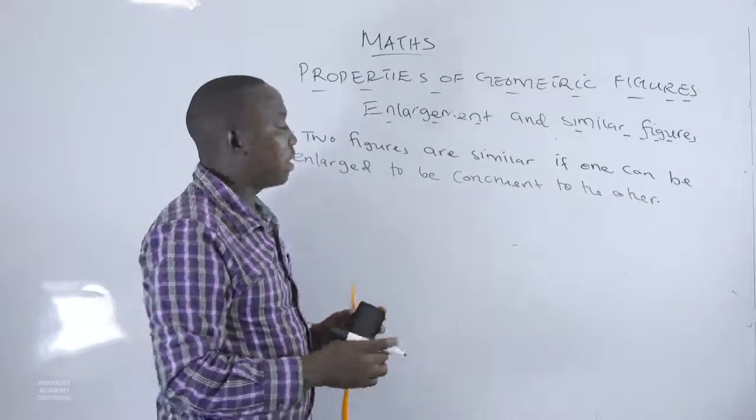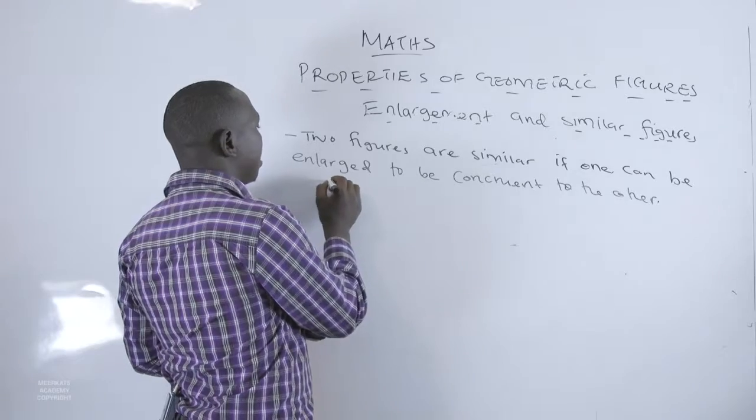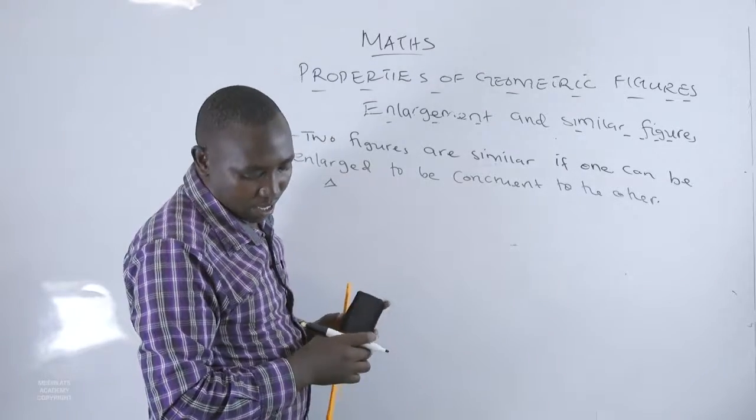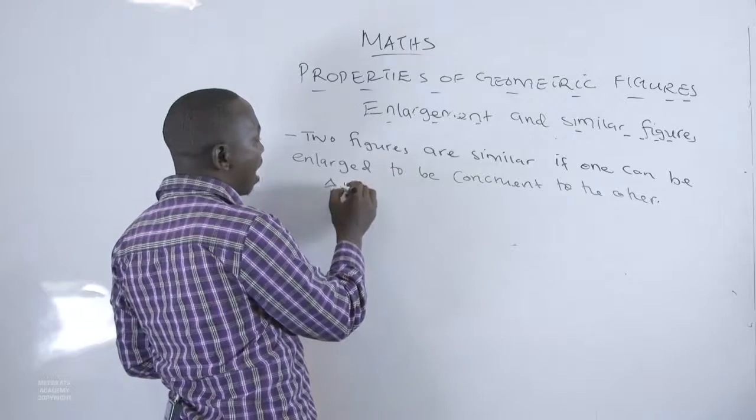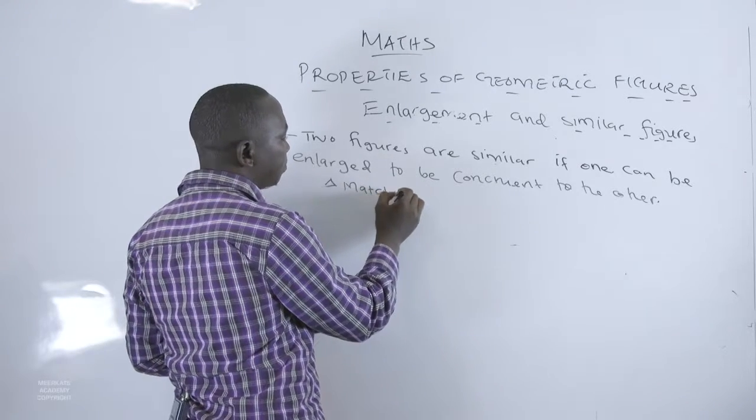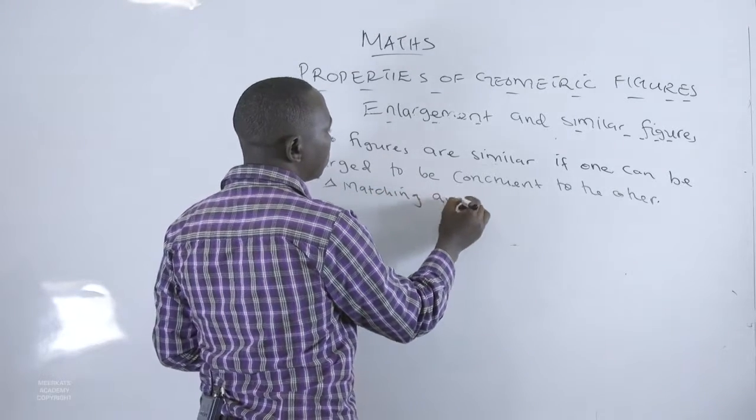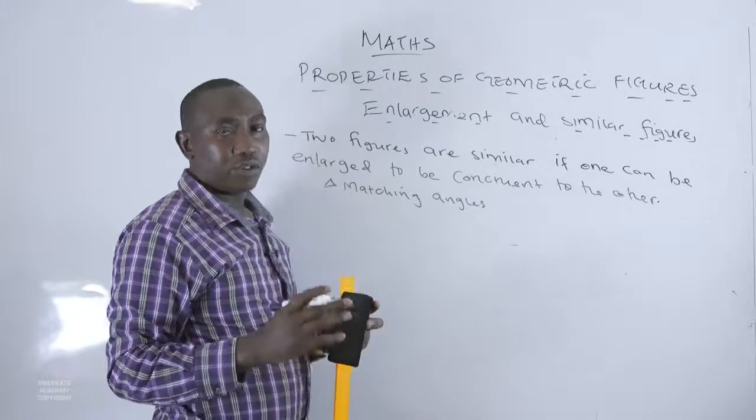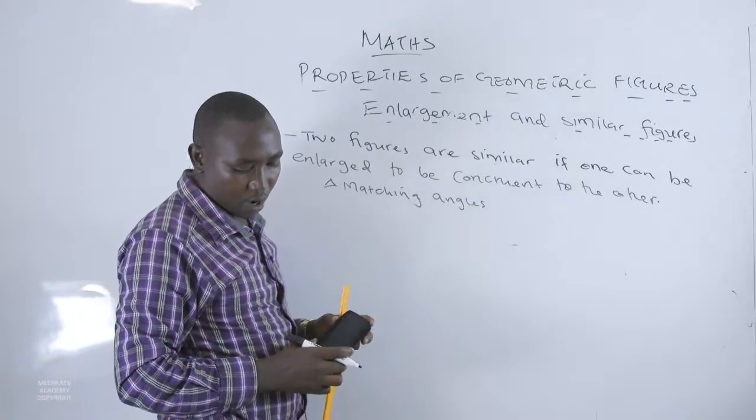And therefore, if they must be congruent, one, the matching angles of those two figures should be equal.